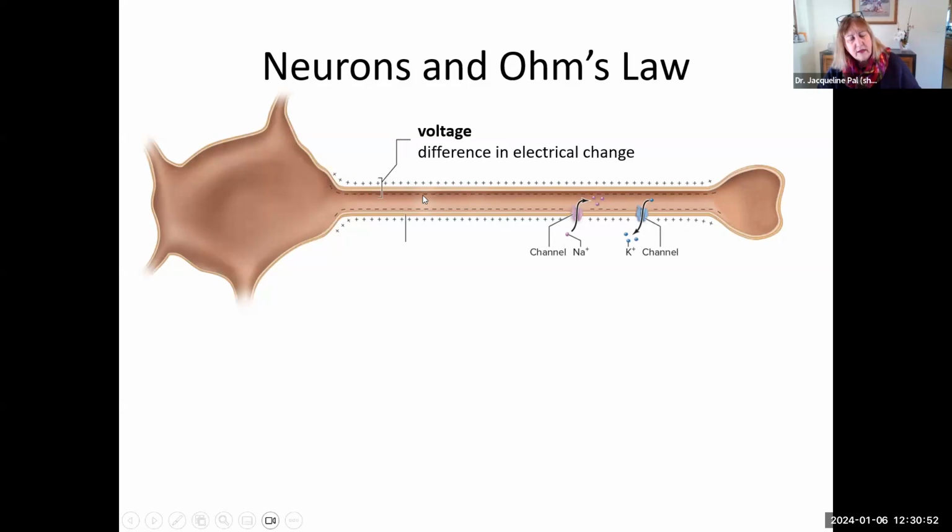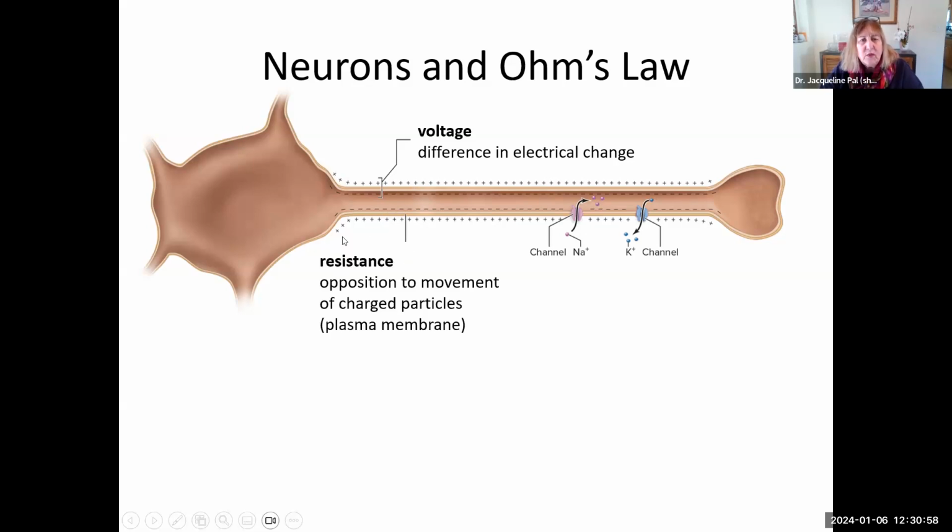Yeah, it wasn't having a good day. It was very negative. Okay. And when we looked at this, this gave us resistance, which was the opposition to the movement of the charged particles. And basically, all this resistance was due to the plasma membrane there.